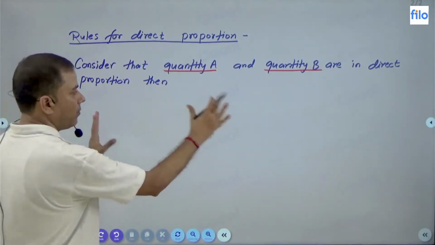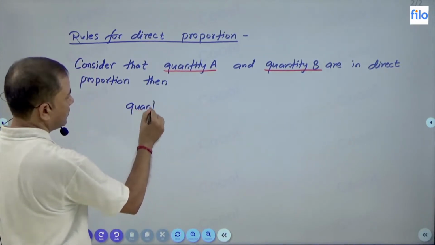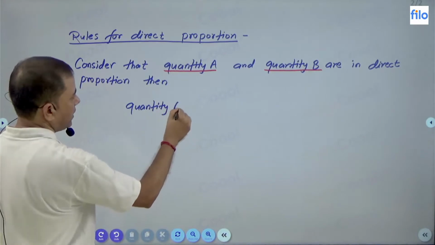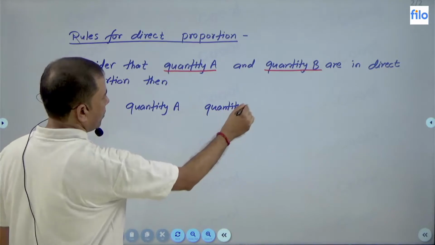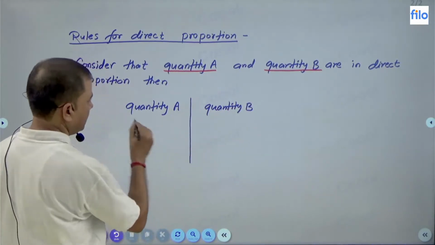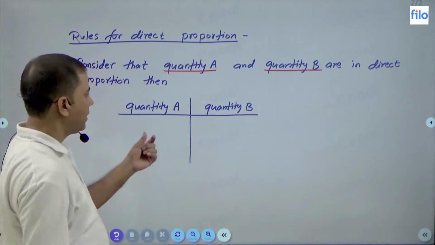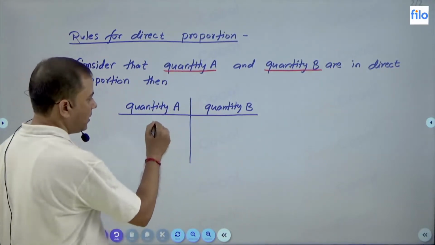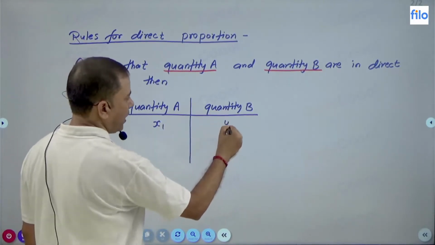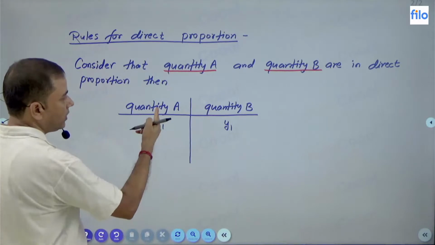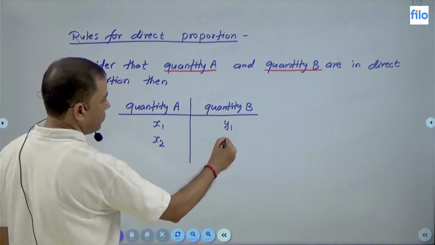Let us make a table to understand. Quantity A, quantity B. Let us say quantity A has value x1, quantity B has value y1, quantity A has value x2, then quantity B has value y2.